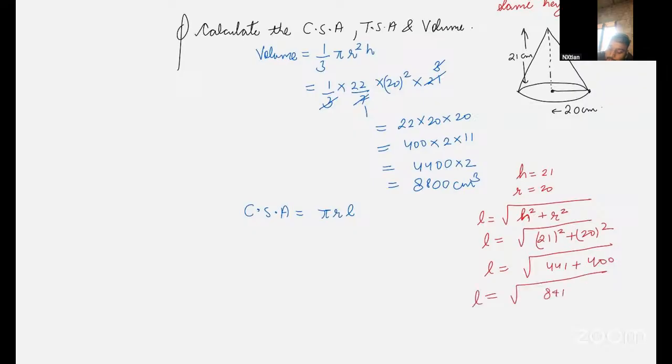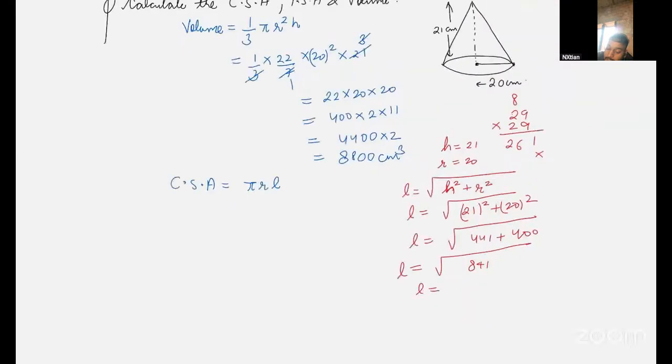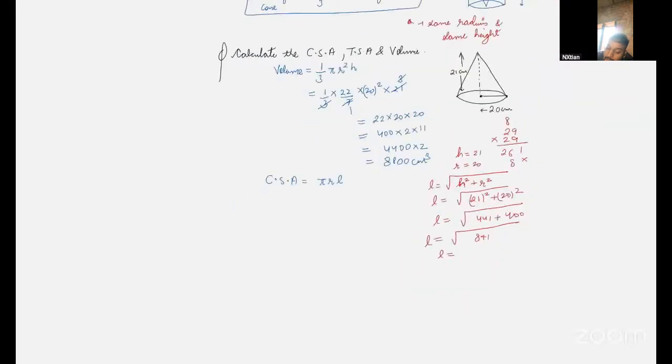So it will become 841, and the value of root 841, if I multiply 29 into 29: 9 nines are 81, 18 plus 8, 26, and multiplying again, 2 nines are 18, 2 twos are 4 and 5, so it will become 841. So it means that it is the square of 29.